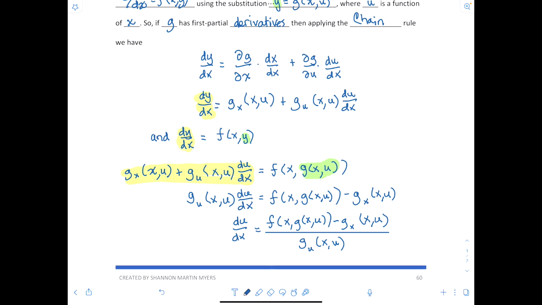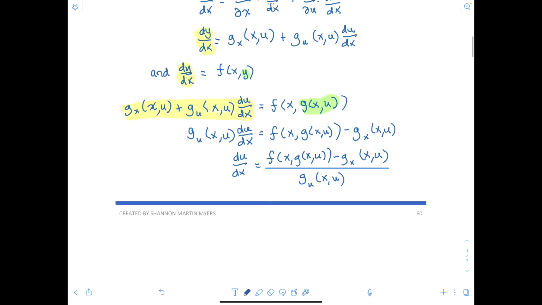Cool? Now, what we do is we just rename this as du/dx, so the other side we rename as capital F of x and u.